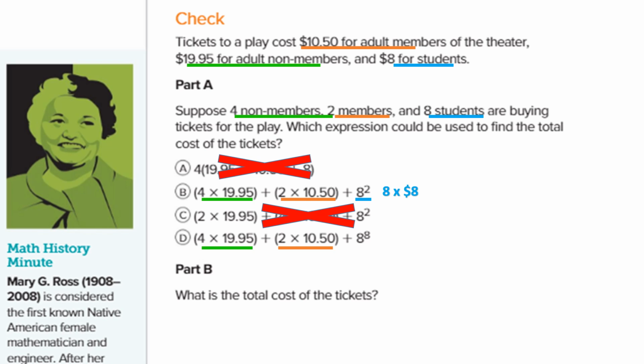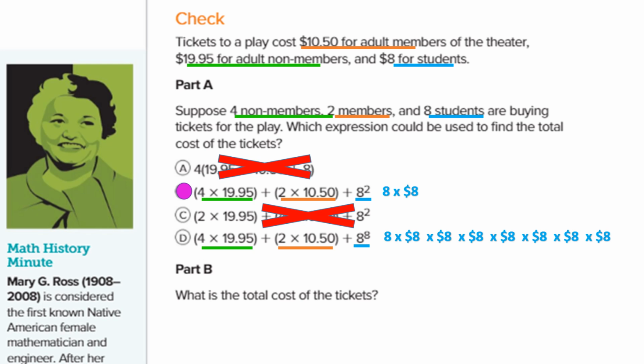No, it says that I'm going to have 8 tickets that are $8 a piece, because 8 squared looks like 8 times 8. 8 to the 8th power looks like 8 times 8 times 8 times 8. That's a lot. That'd be really expensive tickets for all of those 6th graders. So we know that we need to follow the format or the expression for part B.